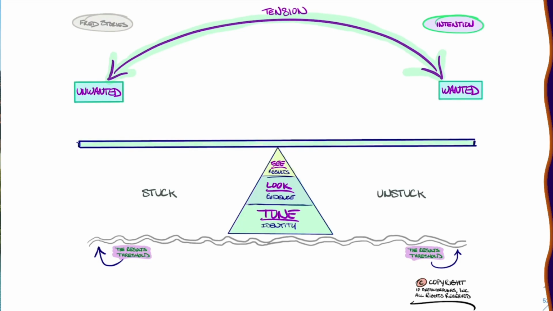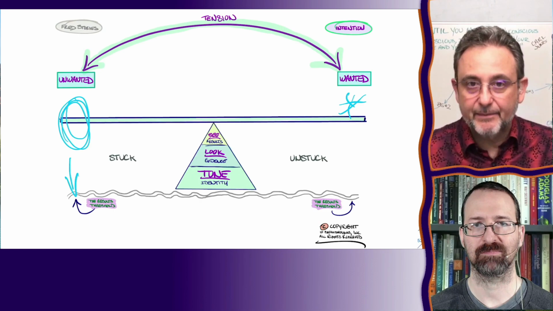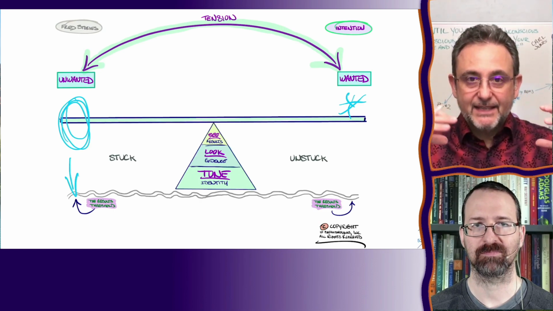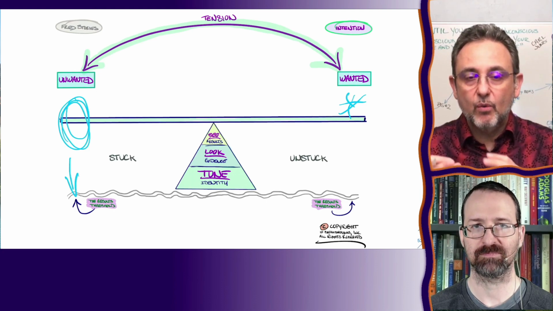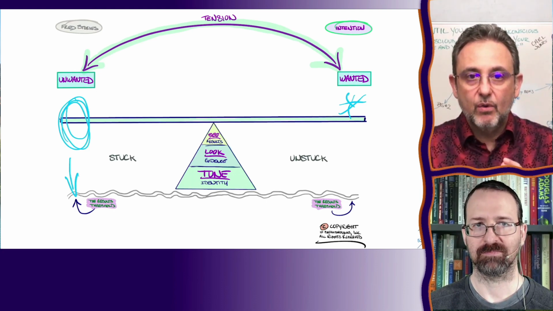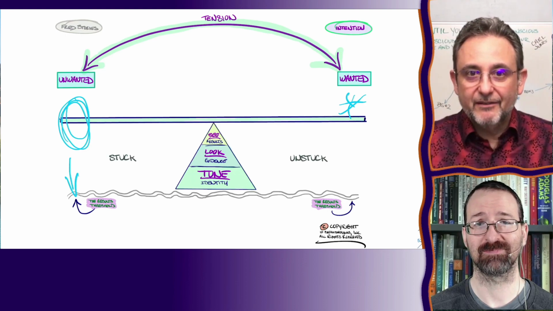When you have the unwanted results on this side, when it touches down over here, or even dips into the fear-based emotions, well, then that informs the wanted results on this side. So it's a nice tension if it's used positively, because you don't know what you want until you know what you don't want, right?